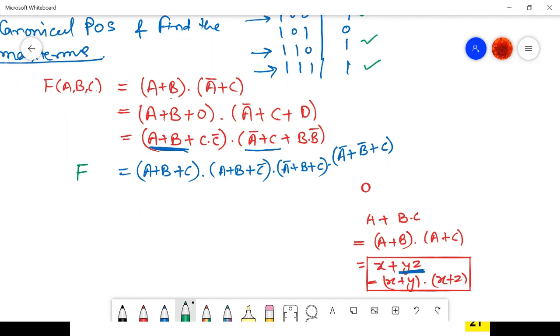But we have the second part, find the maxterms. So we can find the maxterms also. Now, can you just write what is the binary equivalent of each sum term here? Like for A, what should it be? 0. 1. No, dear. It is 0. This is the change.